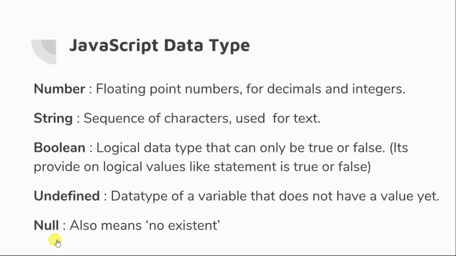But after ES2015 one new JavaScript data type was included, the symbol, but we are not covering the symbol property in this video. We will cover the symbol property in ES6.